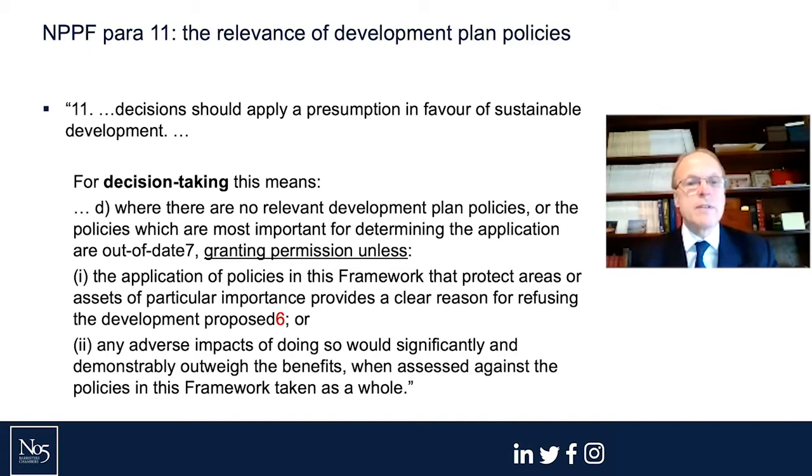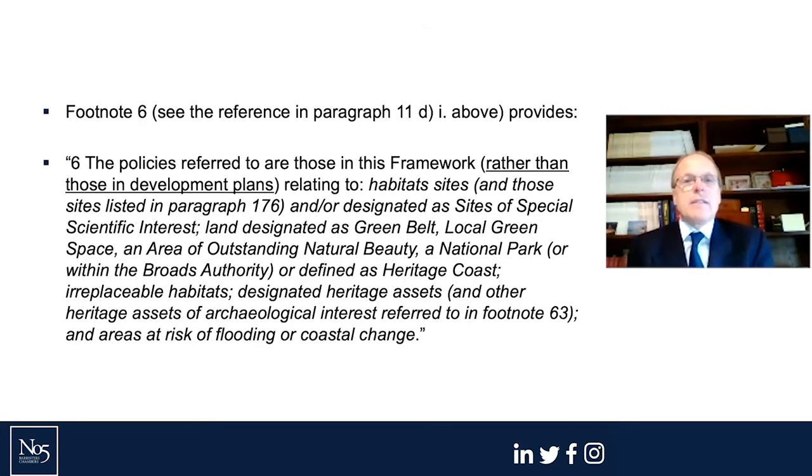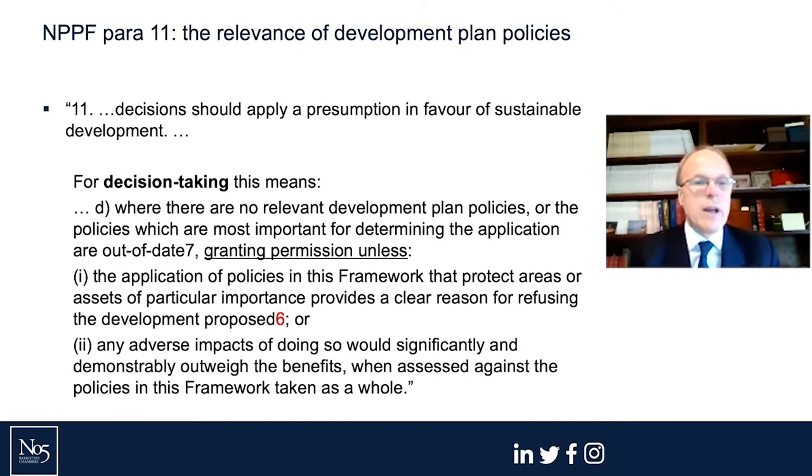Footnote 6 says that the policies referred to are those in this framework, rather than those in development plans. So it simply says that when you're looking at little Roman 1, the application of policies in this framework that protect areas or assets of particular importance, do they provide a clear reason for refusing the development proposed?